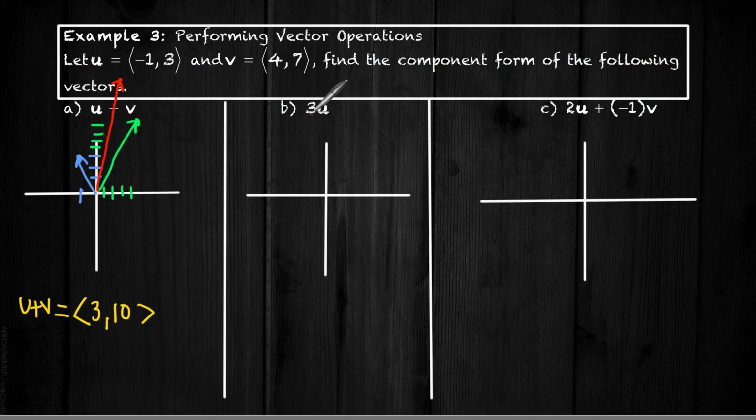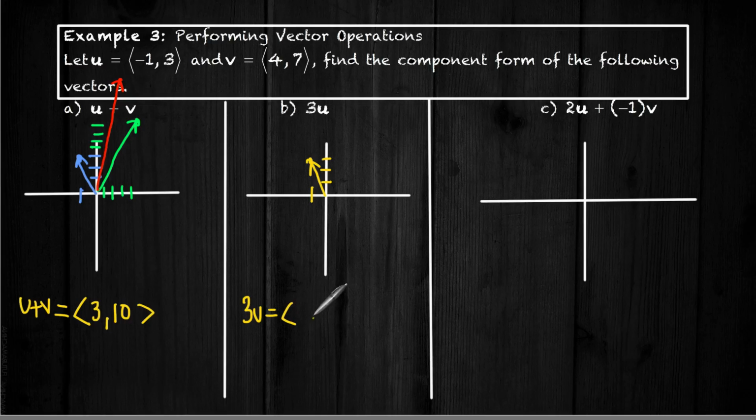All right, letter B, 3 times u. Well, we see that u is once again -1, 3, so that's going to be left 1 and up 3. So there is vector u. Now if we take vector u and multiply it times 3, we get a new vector, which is 3u.